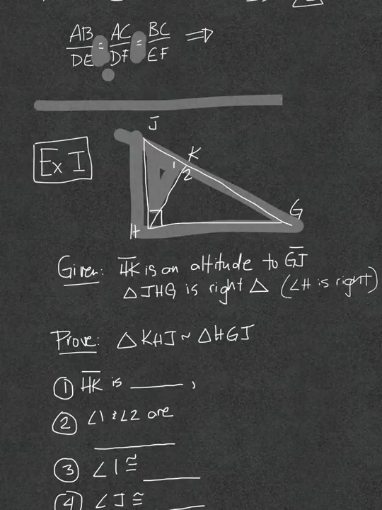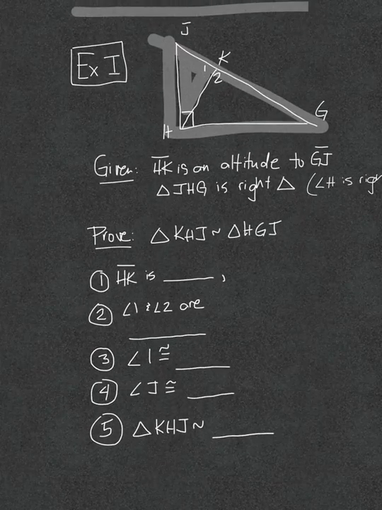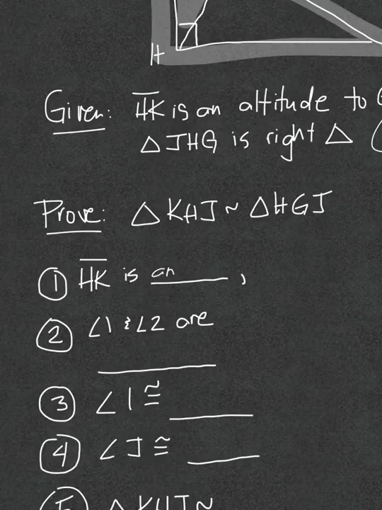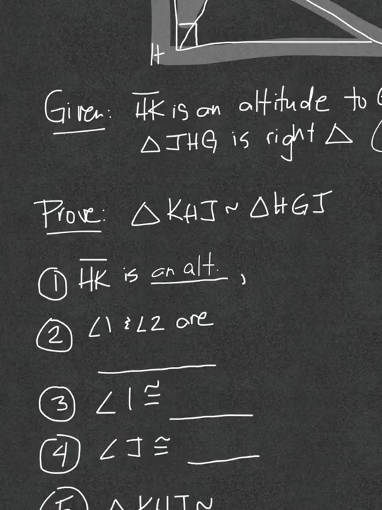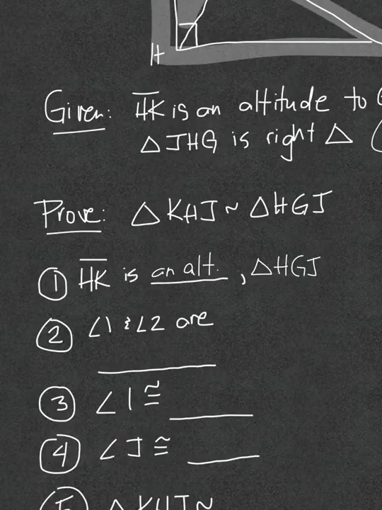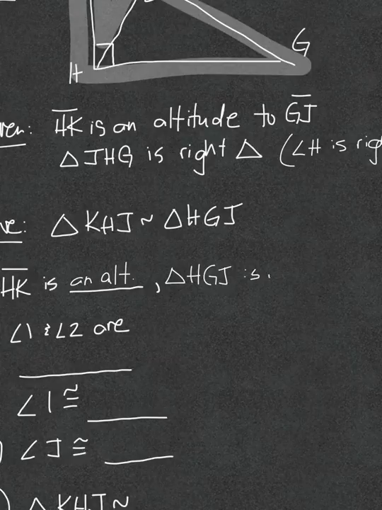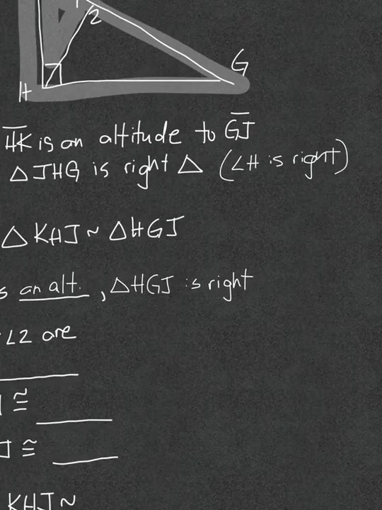Step 1. HK is an altitude, and triangle HGJ is right. And that's obviously given.